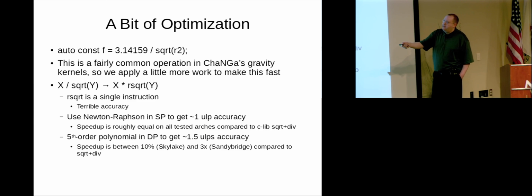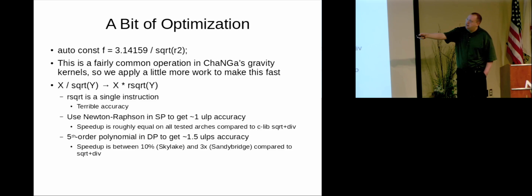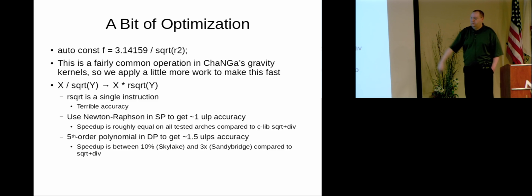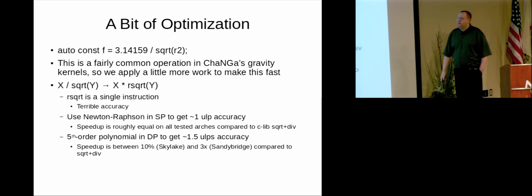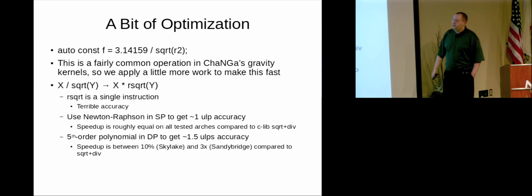And how this is implemented is a very simple expression template so that you literally can write this right here and it gets converted into this with the Newton-Raphson or the fifth order polynomial kicking in. So there's zero change to the user code and you automatically get these optimizations.